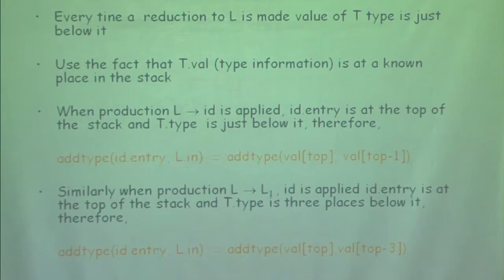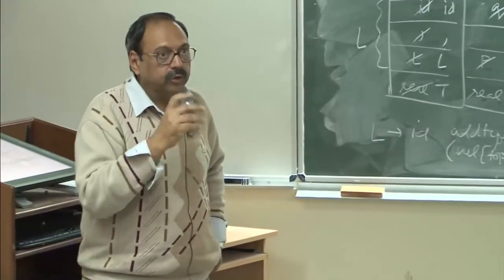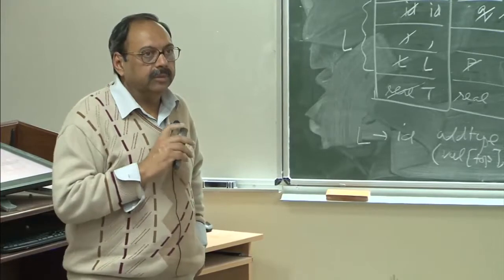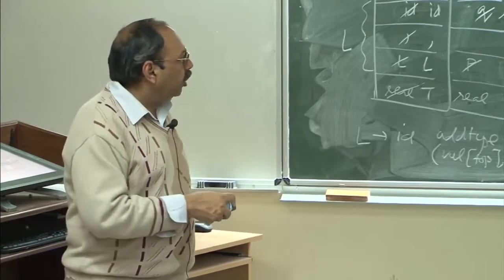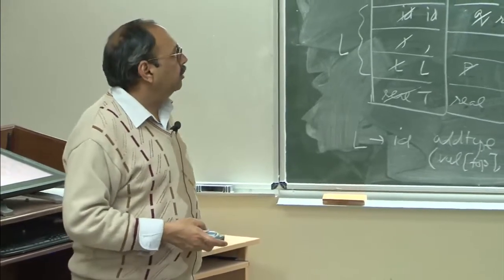So, I could always find this value in a fixed location on the stack. I was fortunate this time, it may not happen in general, but in this case it happened as far as this grammar was concerned, and therefore, now if I replace all these actions by this, how will my grammar look? My grammar will look something like this.